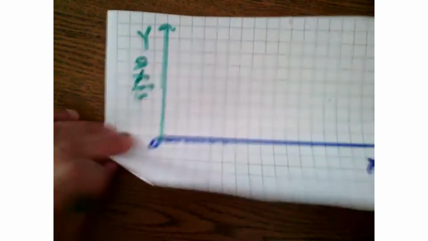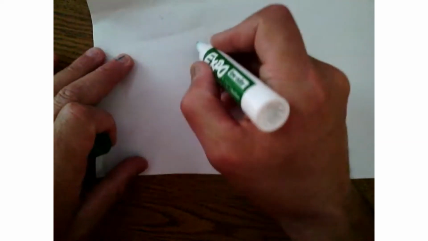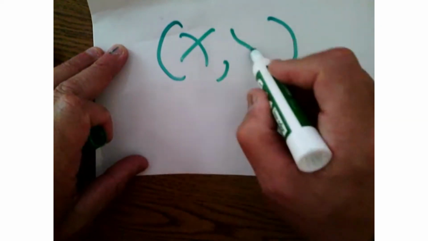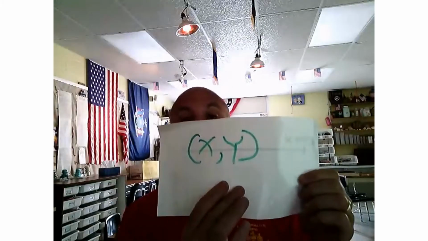Like when you do ordered pair, it goes ordered pair x, y. And here's how I remember how to write it. You always go like this. Ordered pair x, y. Get it? Ordered pair x, y. See? Ordered pair x, y.